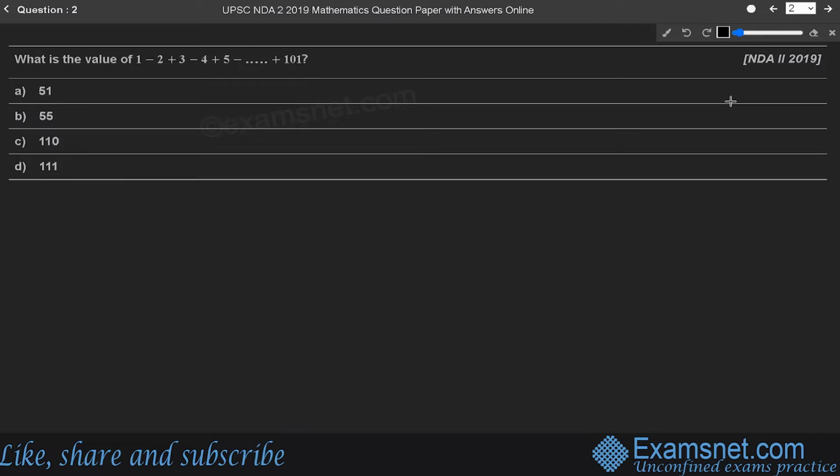We have to use a concept here that if A1, A2, A3, so on up to AN are in AP, then their sum is given by A1 plus A2 plus so on plus AN is equal to N by 2 into 2A plus N minus 1 into D. This is the concept that we have to use.